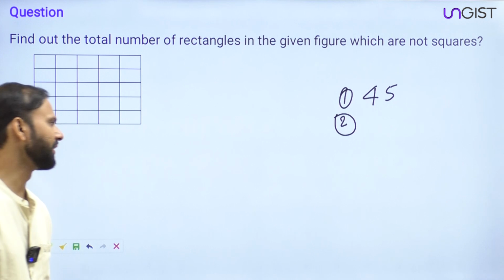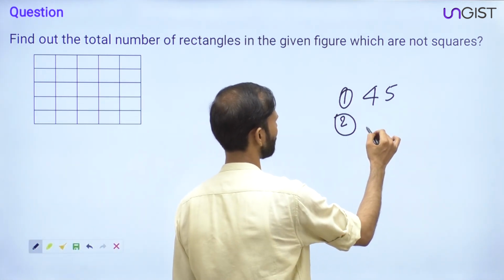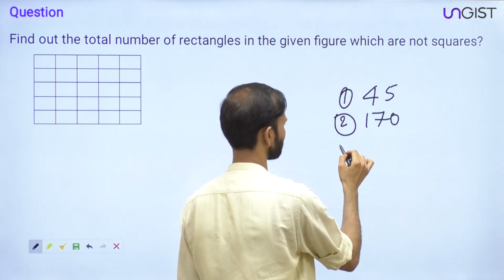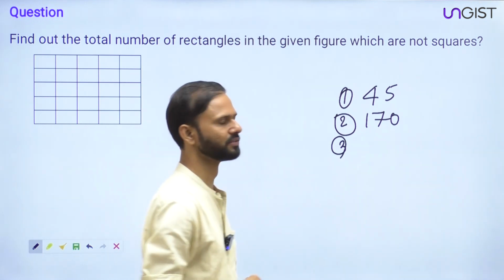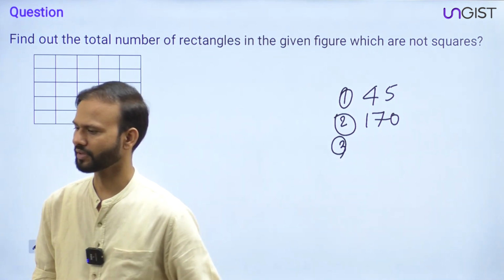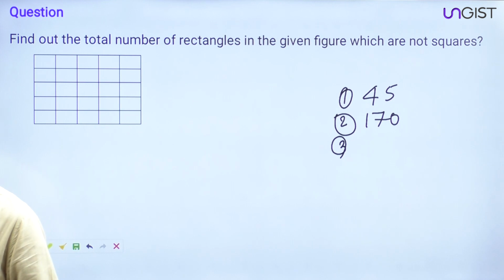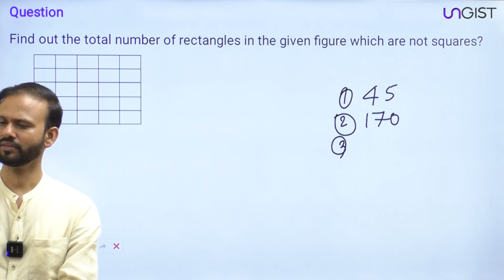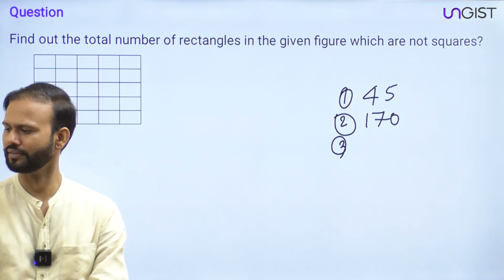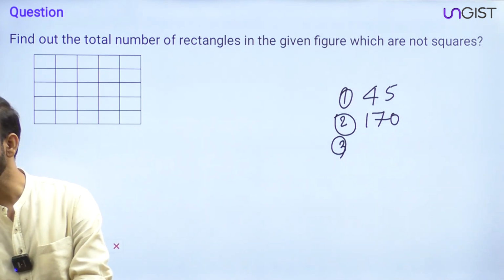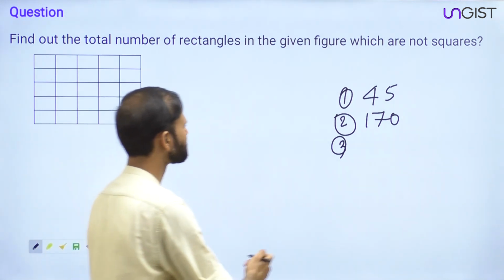Priya is saying 170. Okay, no problem. Muskan is saying 184. Alright, no issues.